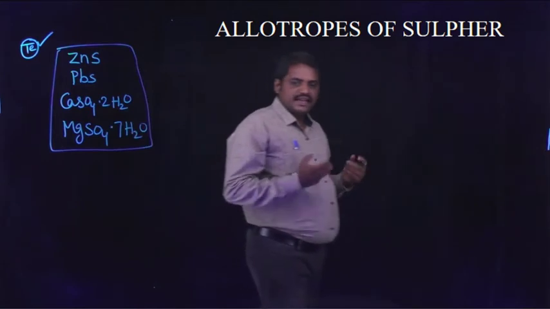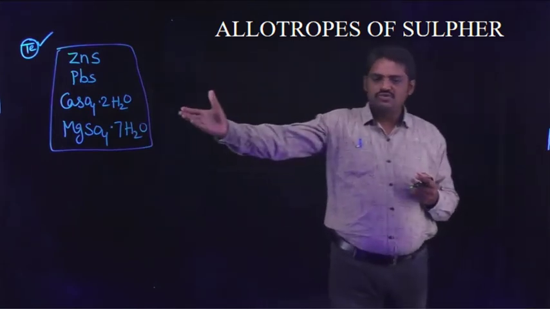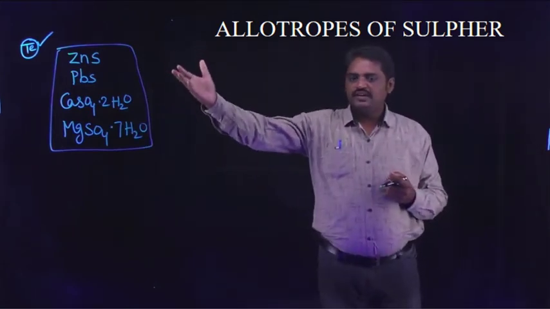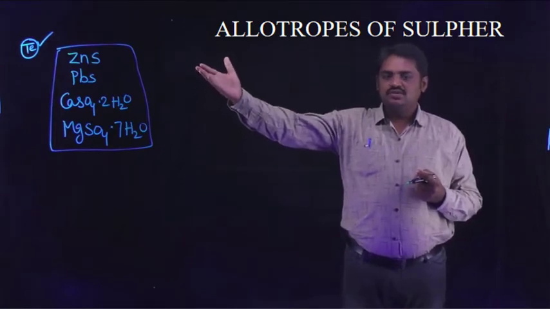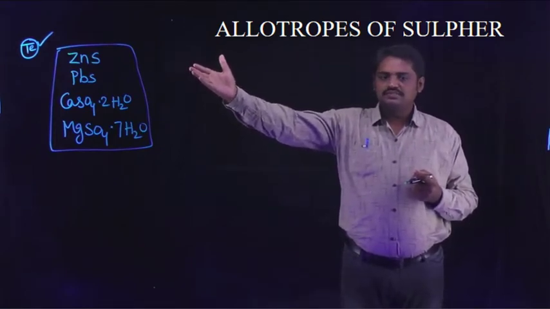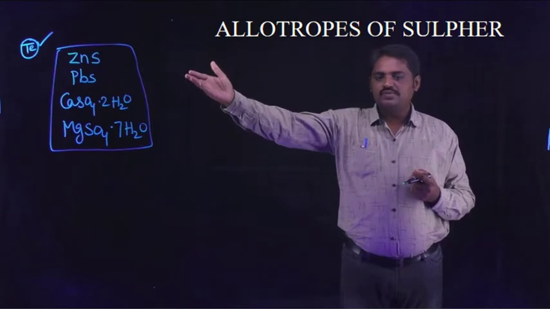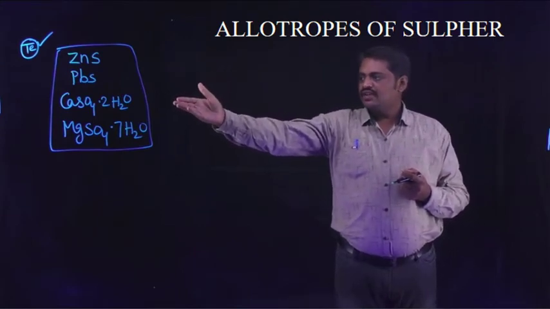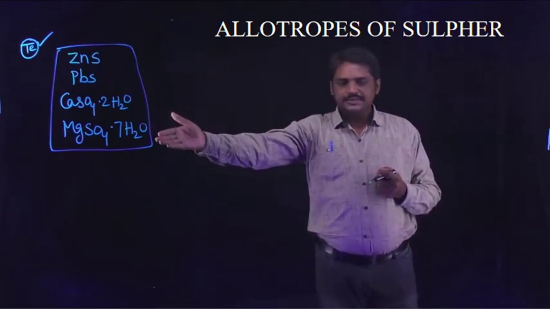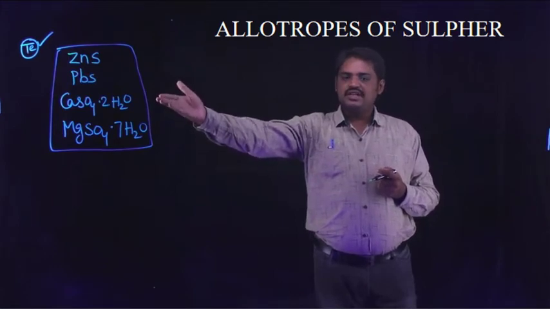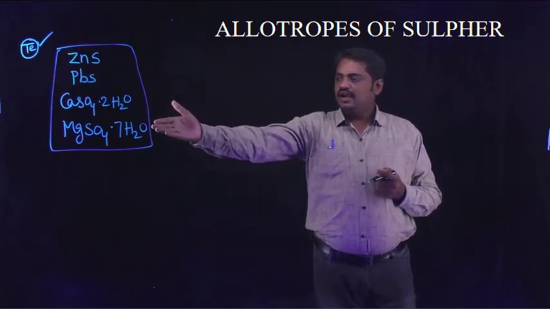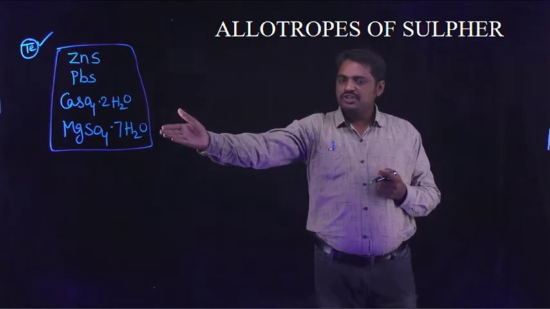Sulfur is extracted from compounds like zinc sulfide and lead sulfide, which are concentrated to produce sulfur. Gypsum means CaSO4.2H2O and epsom means MgSO4.7H2O.